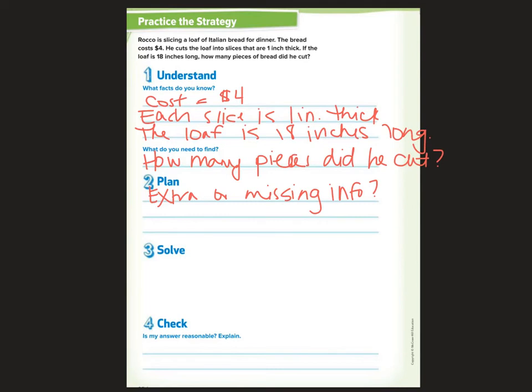The cost of the bread, we don't need to know how much it cost. So the cost is not needed. That's extra. But it doesn't mean we can't solve it if we have extra. I still have all the necessary information, so I can solve this problem.